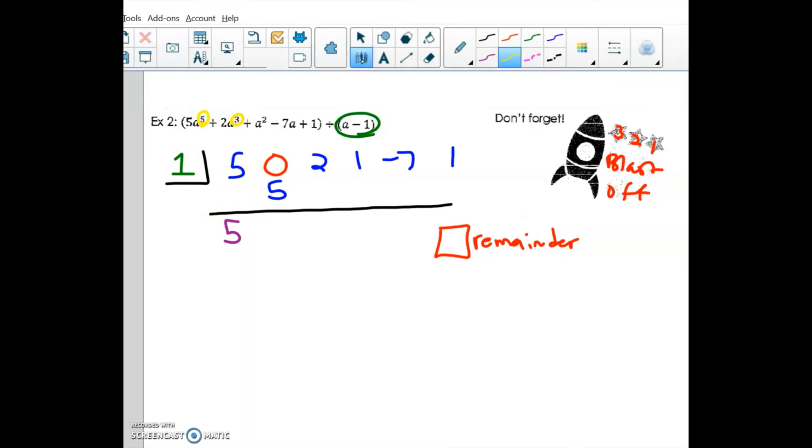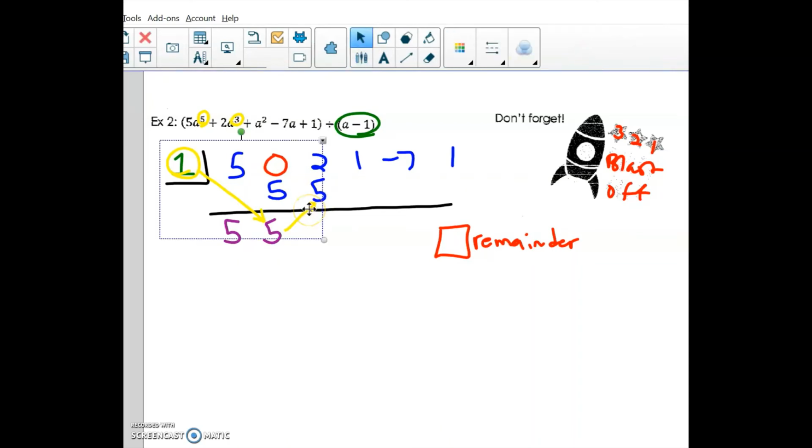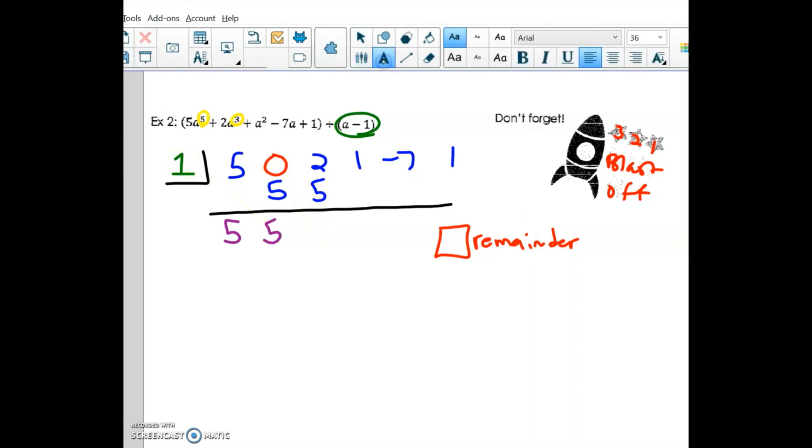We will then combine these numbers. 0 plus 5 is 5. We now take the 1 and multiply it by 5. That product goes right here. That will be 5. We combine these numbers. That gives me a 7.